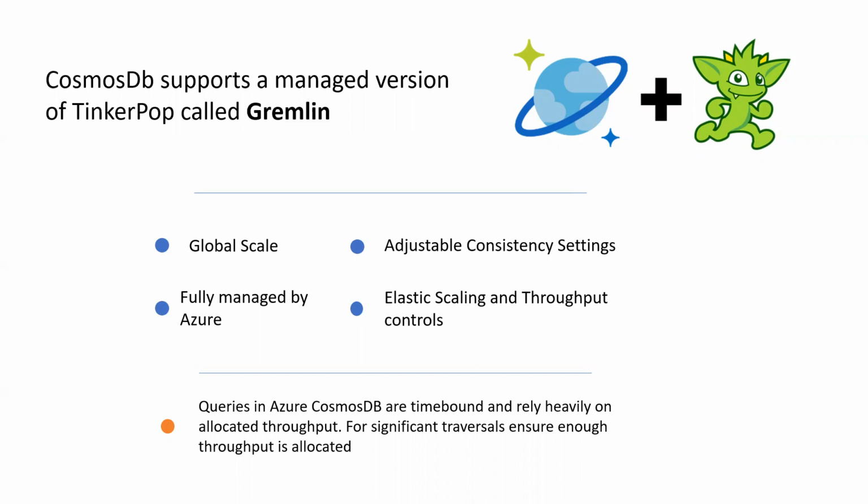Now, the one thing that the product group wanted to make sure that I was clear on when I discussed this is that when you make a query in Gremlin, it has to traverse.